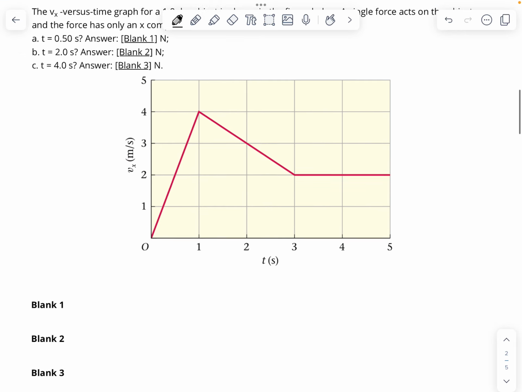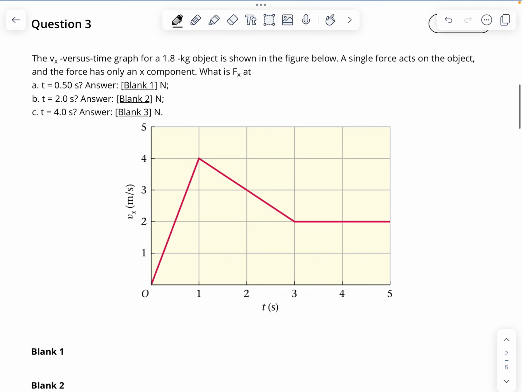Next one. Here it is. The Vx versus time graph for a 1.8 kg object is shown in the figure. Okay, so we know m equal to 1.8 kg. In the figure below, a single force acts on the object, and the force has only an x component.